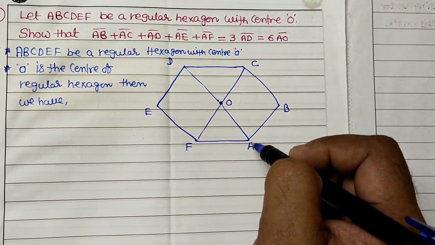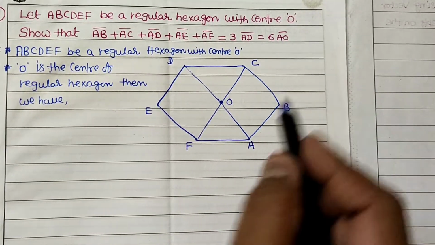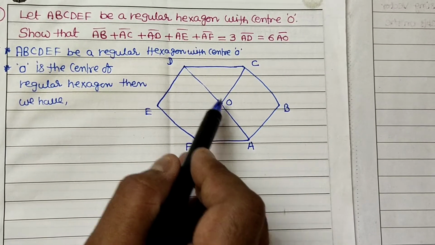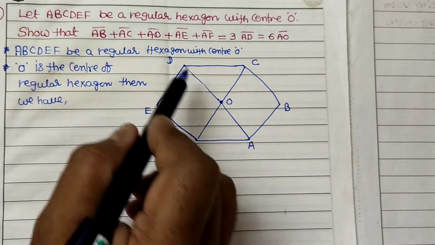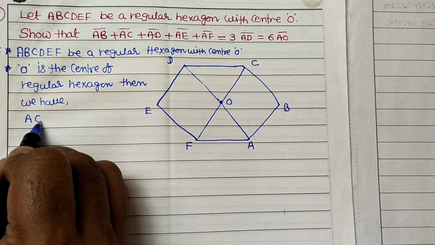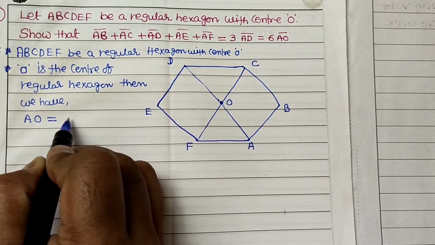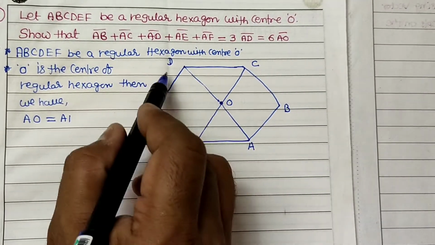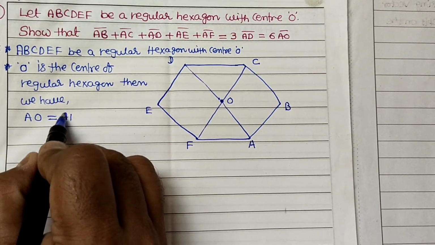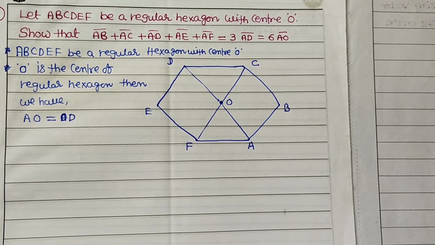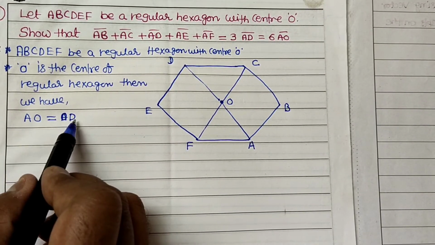Then we have, see here, relation between AD and AO. Whenever O is the center, it is obviously the midpoint of these sides. AO should be equal to OD according to this one. Then we have AO is equal to OD.